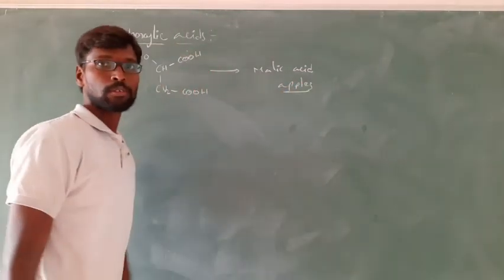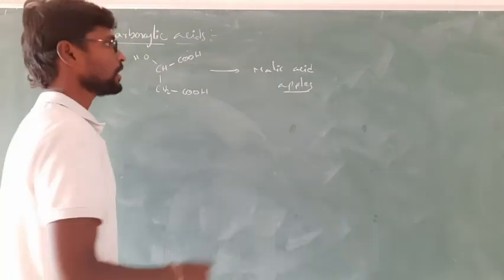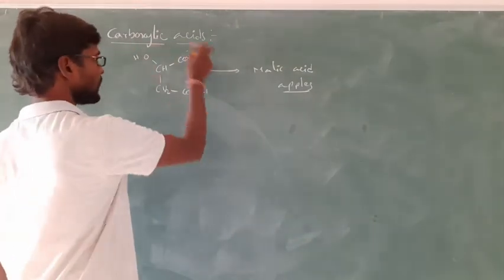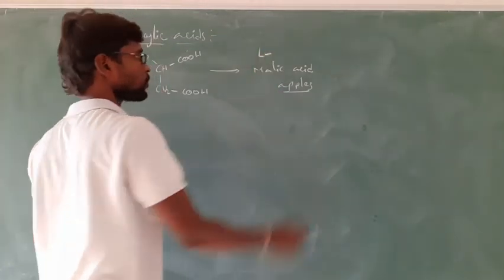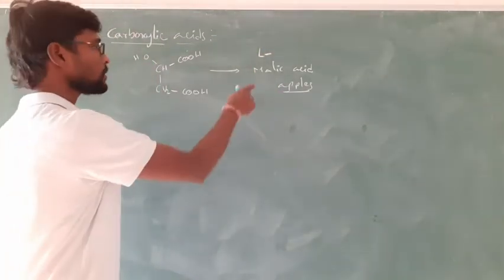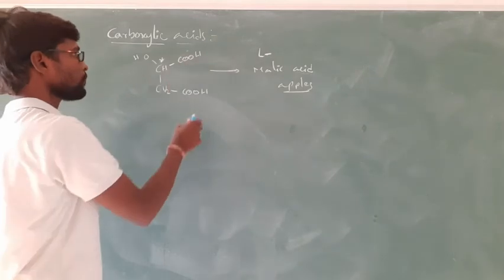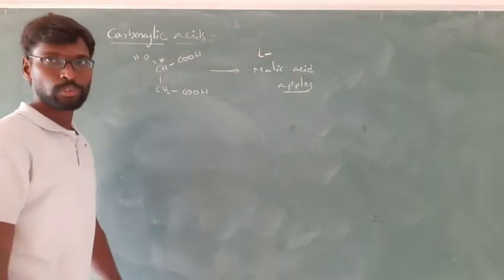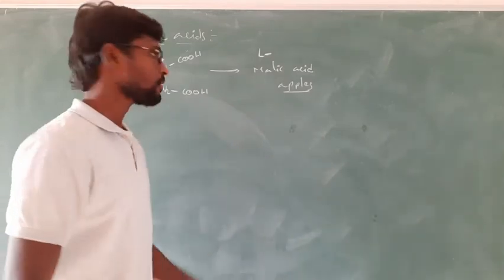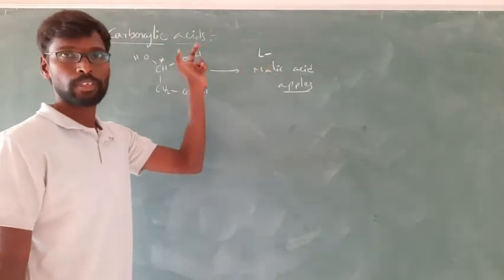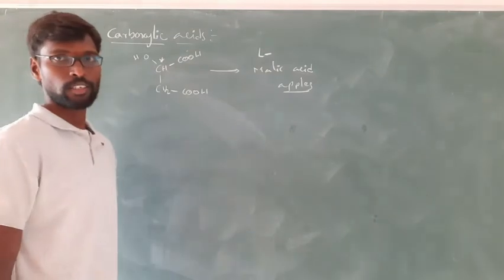In your apples, you will get this malic acid. And in apples, the malic acid is an L isomer, right? So what does it mean? This is a chiral center here. So this is the L isomer. That means it rotates plane polarized light towards the left side. Right? It is optically active. Malic acid is optically active because it has one chiral center here.